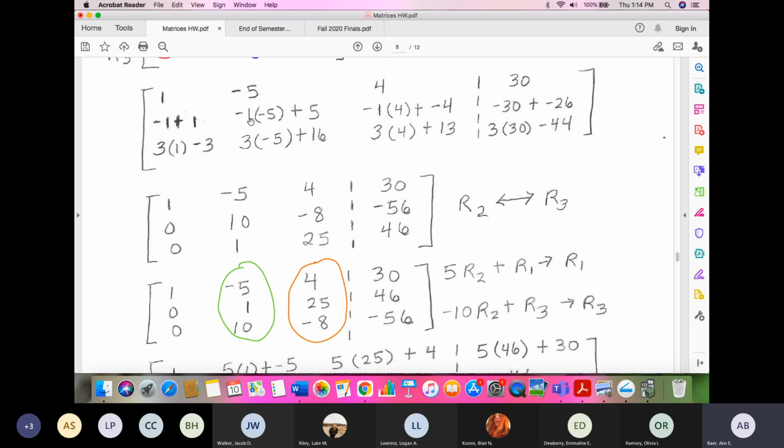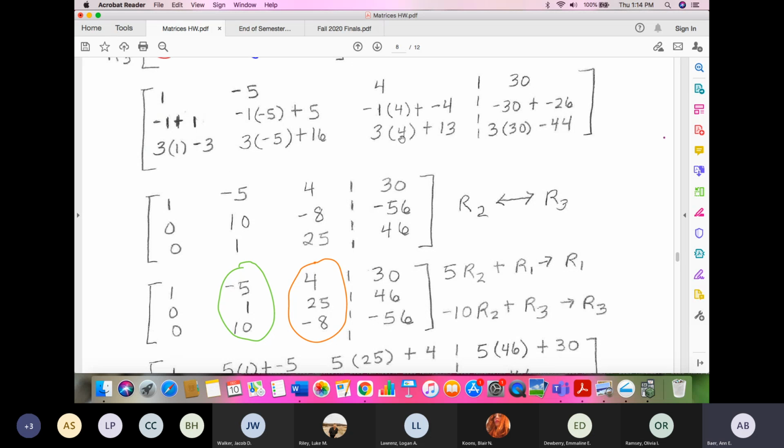-5, we just copied down. This is negative times negative, which is +5, plus 5 more, which is 10. This is -15 plus 16, which is 1. Copy down this 4. This is -4 plus -4, that's -8.